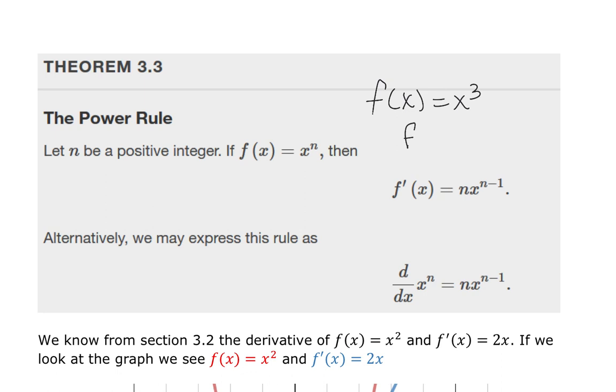Using the power rule, f prime of x is going to be that power of 3 coming down out front as a multiplier, and then it's going to be x to the 3 minus 1, so it's going to be 3x squared. So f prime of x is going to be the original power as a multiplier, and then x raised to the power minus 1. Alternately, we can express it as the derivative of x to the n with respect to x, our variable, is equal to n x raised to the n minus 1.